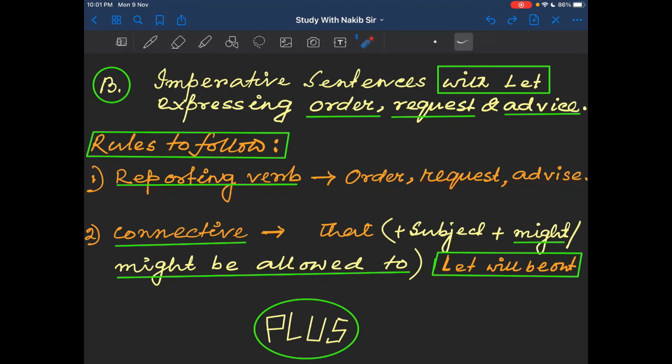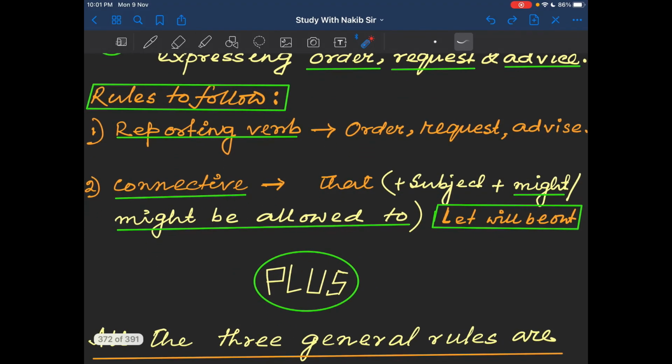You have already learned. So change the reporting verb to order, request, or advise according to the sense of the reported speech. And the next particular rule, rule number 2, the connective selection. Here the connective is different. Connective is that.